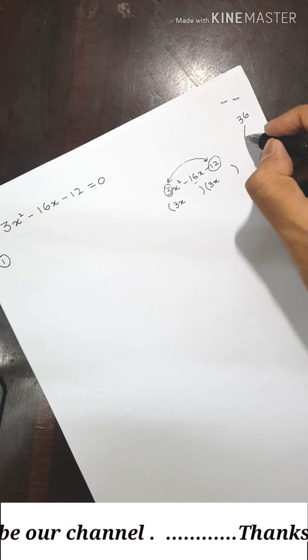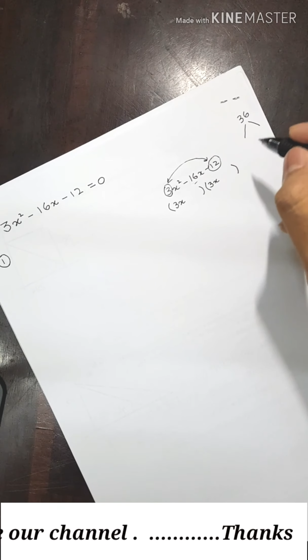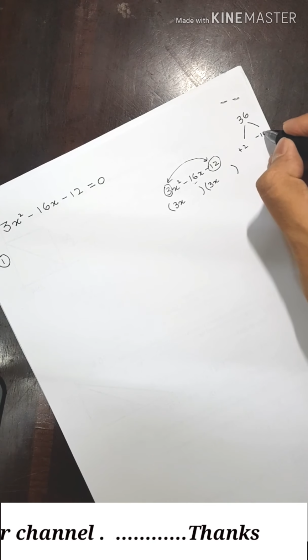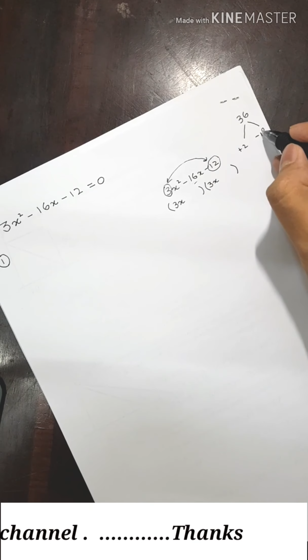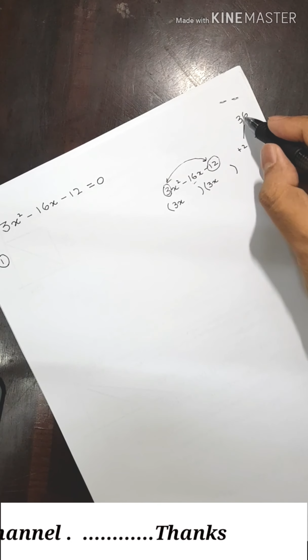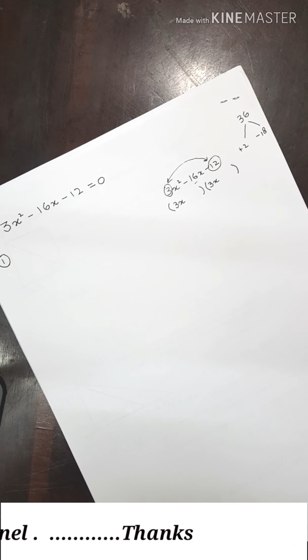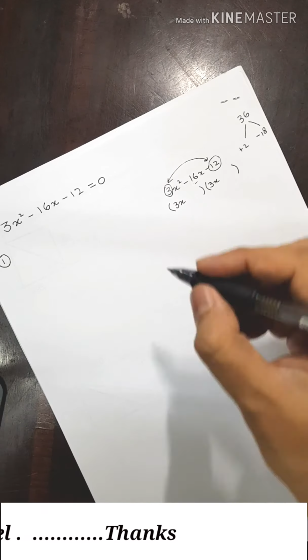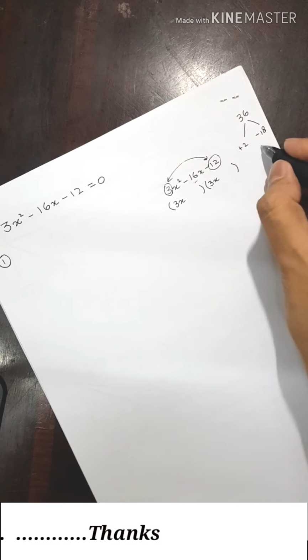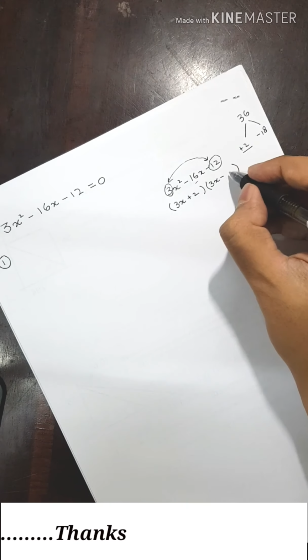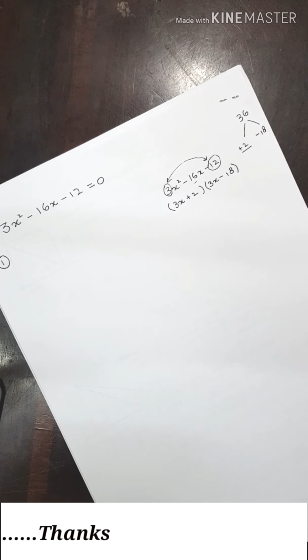So I can write plus 2 and minus 18. 18 times 2 is 36, and minus 18 plus 2 will become minus 16. So here we will find these two factors, plus 2 and minus 18.